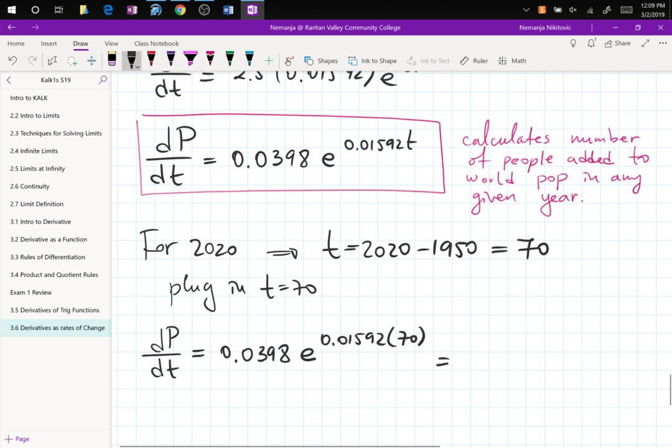Now you get to punch all of this in the calculator in one shot, no ln or anything like that.